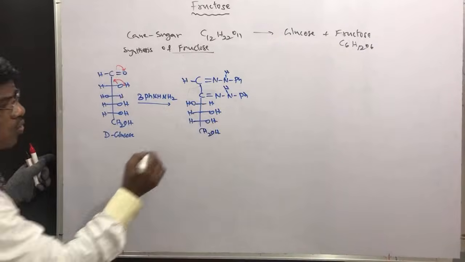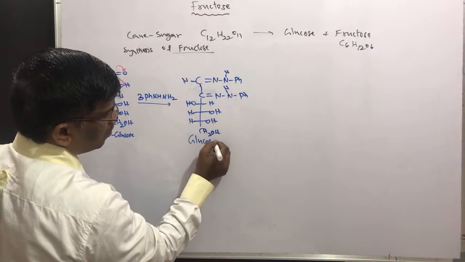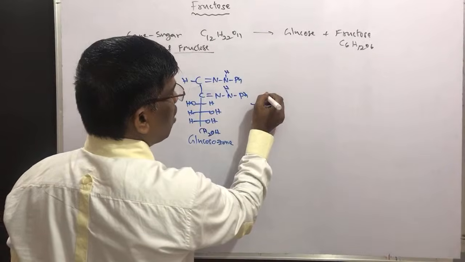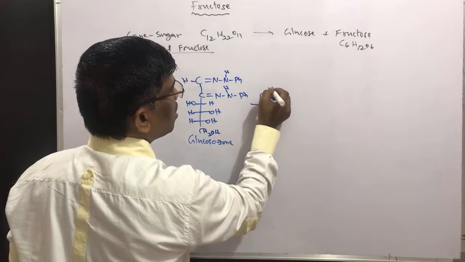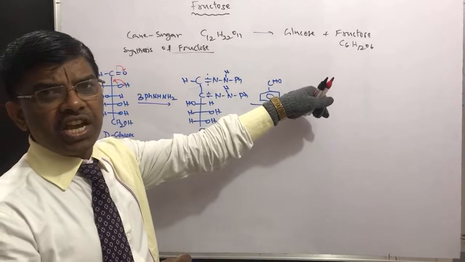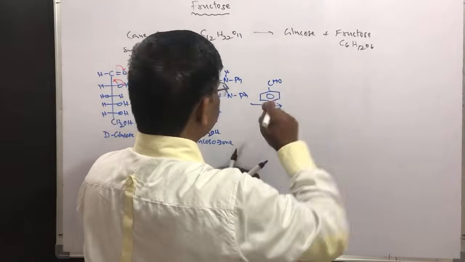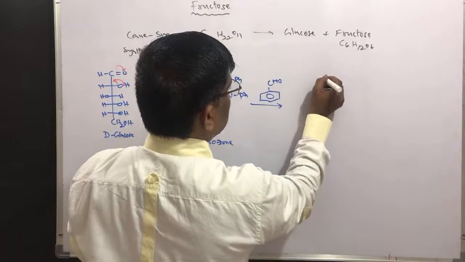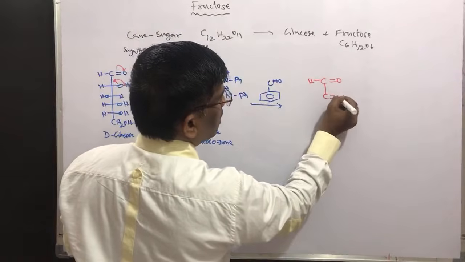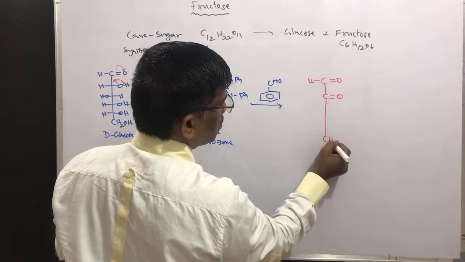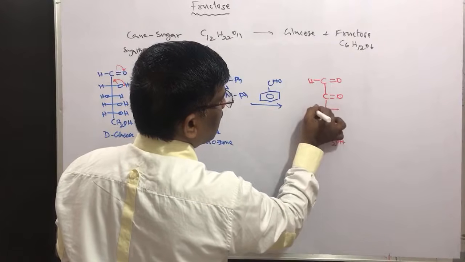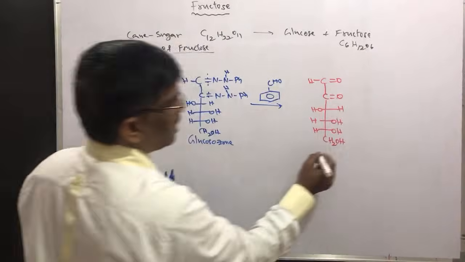So this glucosazone, when I treat it with excess benzaldehyde, the cleavage takes place and this osazone is going to exchange with benzaldehyde to give this aldehyde, and this is the ketone. This is known as osone, with CH2OH and the remaining hydroxy and hydrogen.